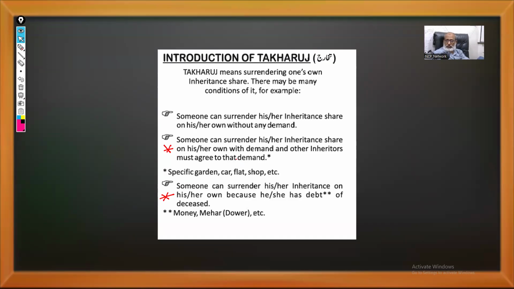Let's say after the death of someone, heirs can say, I want the garden, car, flat or a shop, etc. And the rest of the property you can distribute.